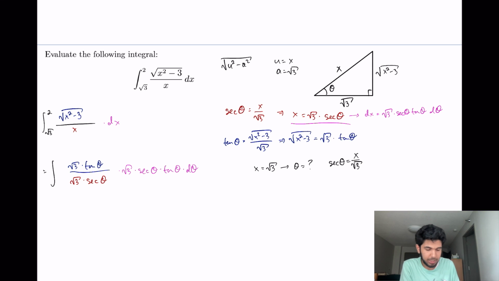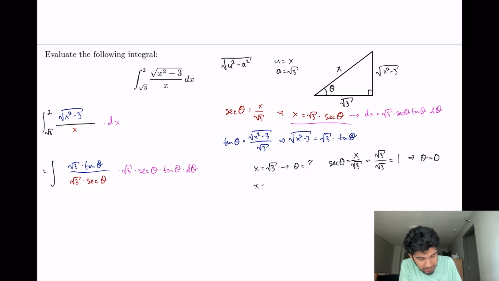That comes from our triangle, which means that secant of theta should equal the square root of 3 over the square root of 3, which is equal to 1. So secant of theta equals 1. Maybe you know that off the top of your head. I don't. So you have to think secant of theta is 1 over cosine of theta, which means cosine of theta should equal 1. When does that occur? When theta equals 0. So that'll be our lower limit.